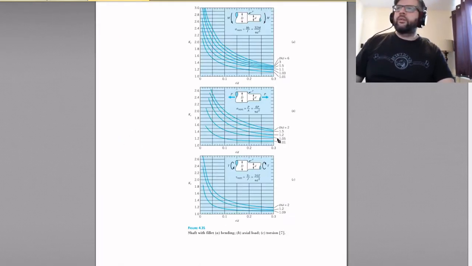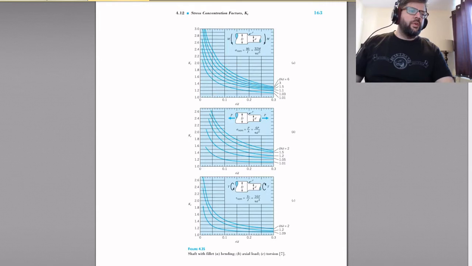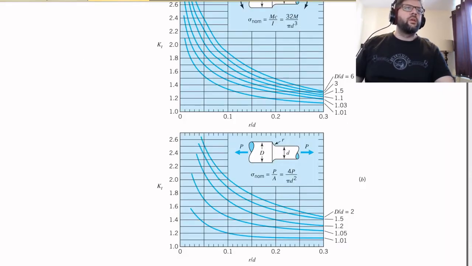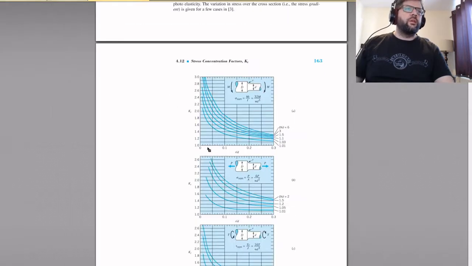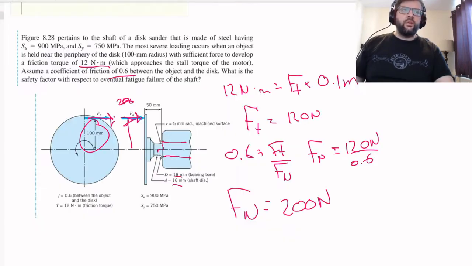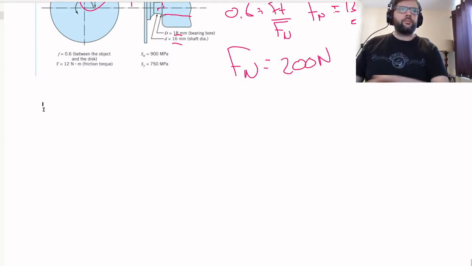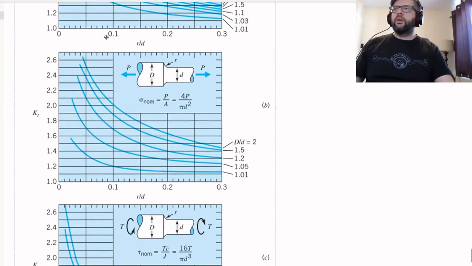That's found in Juvinall on figure 4.35. And we're worried about the bending, the axial, and the torsion. So I'm just going to copy that into OneNote here. Make it a bit bigger so you can see easier.